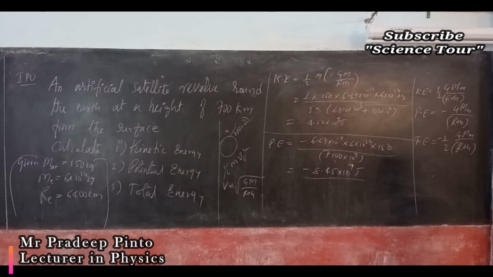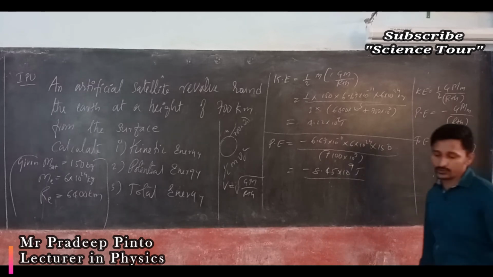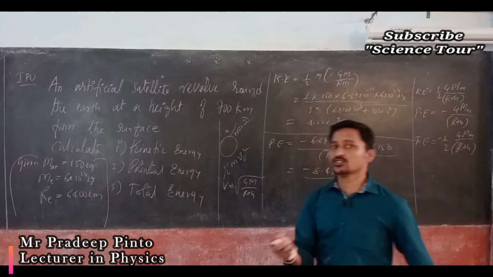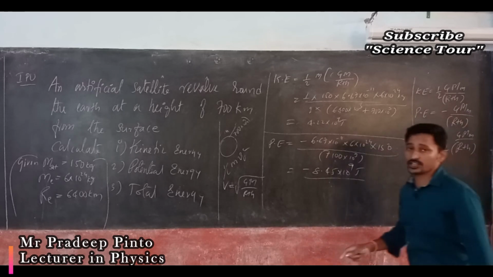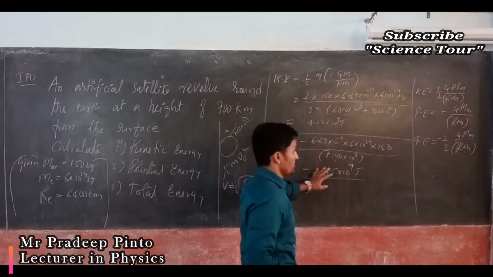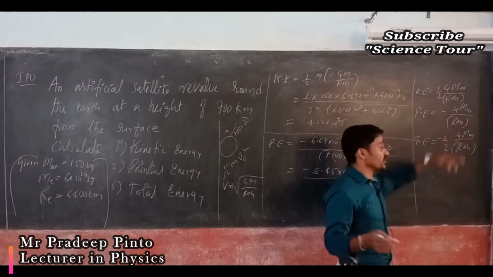Now for total energy you have to add. Total energy is the same as the kinetic energy, but it is negative. You can do it from this formula also, but for the board exam you have to do this. For the competitives it is not like that.